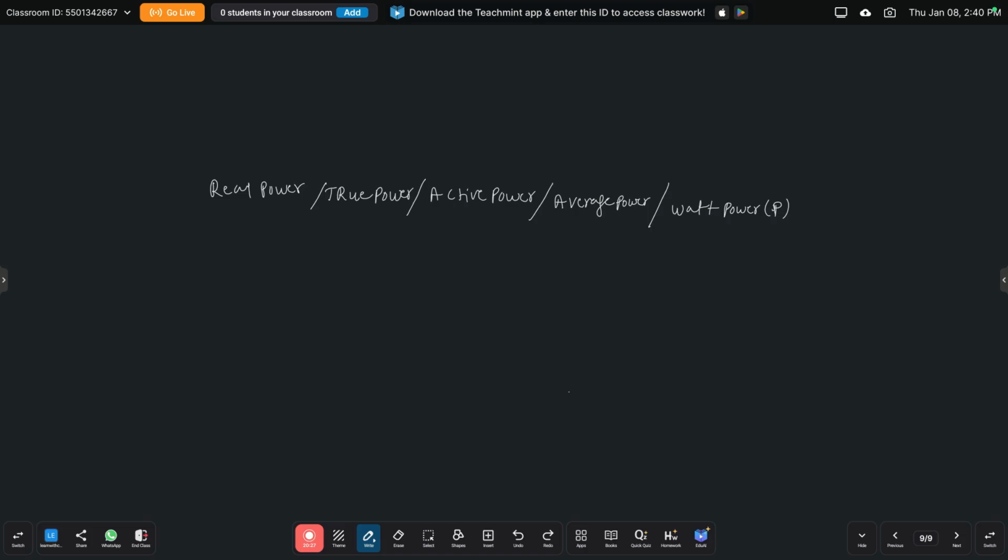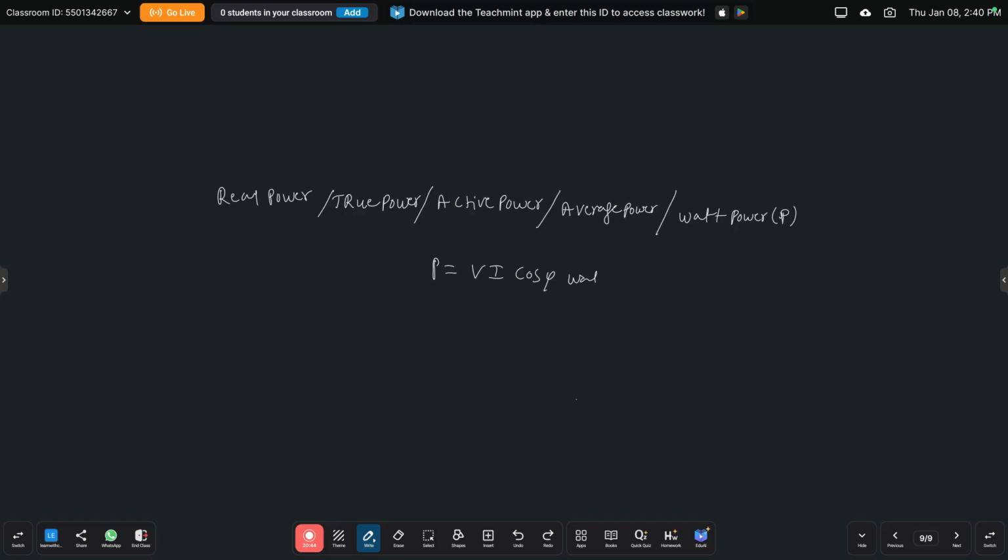Now the real power is nothing but the product of RMS value of voltage and the current with the cosine of the angle between them is called the active power. That is P is equals to VI cos phi. Now the units are watts.